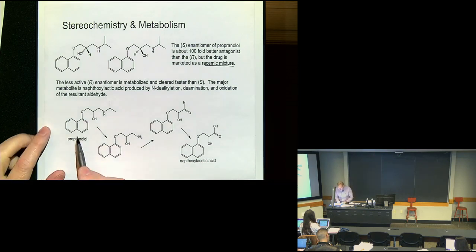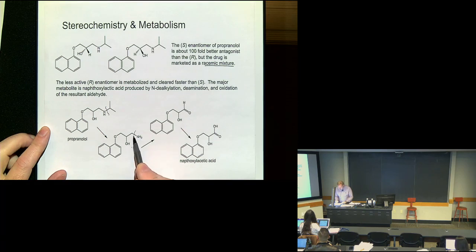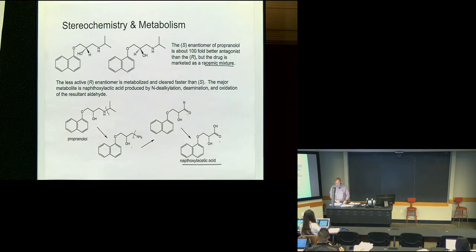So what happens in R is first you can get N-dealkylation, then you can get deamination, and then oxidation of this aldehyde up to the acid to give this naphthoxy acetic acid. And that's the major metabolite from this propanolol.